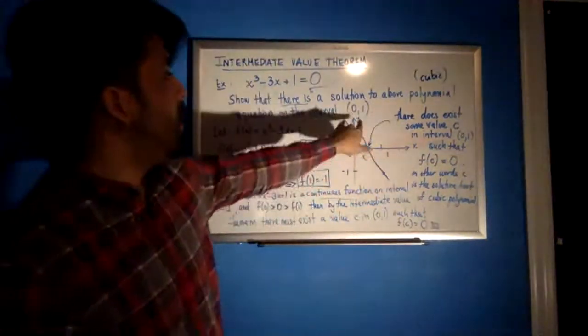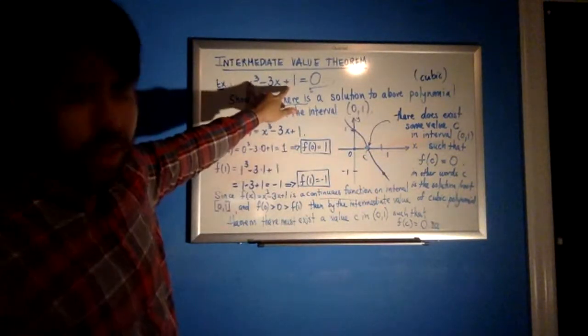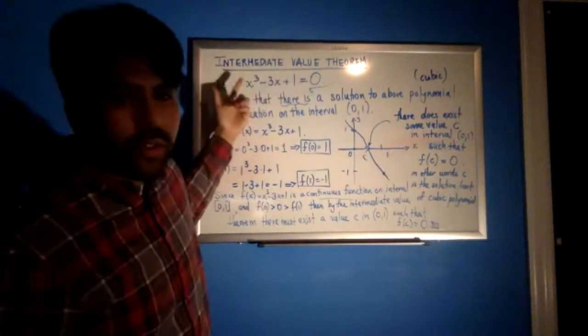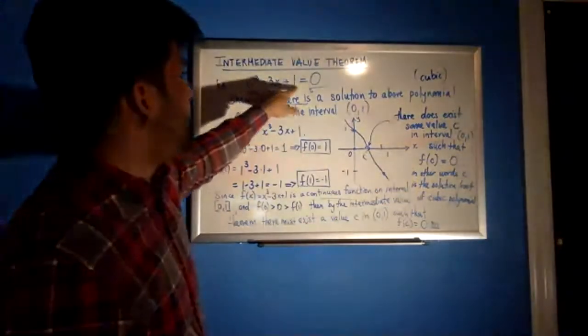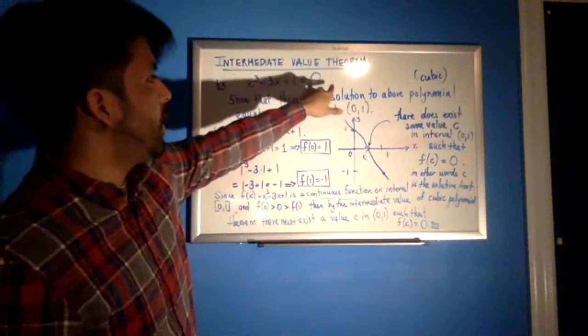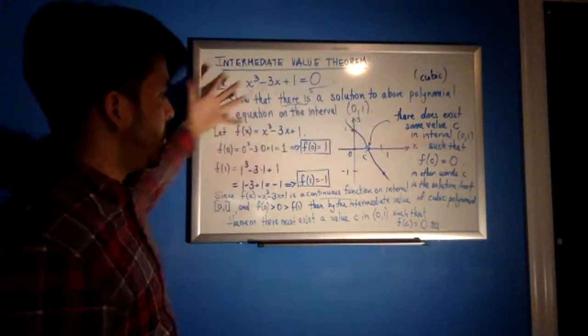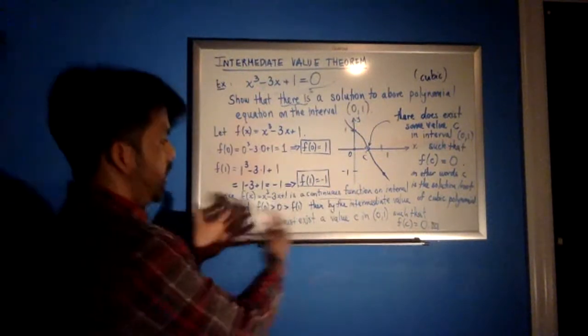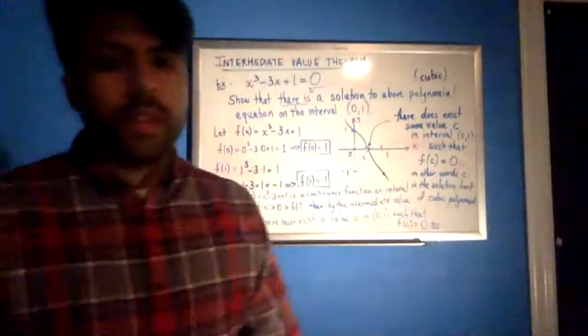You may be given a different interval, and you will be given another function. Given the different function and the different interval, I just want you to be able to set this up, basically restating the intermediate value theorem.